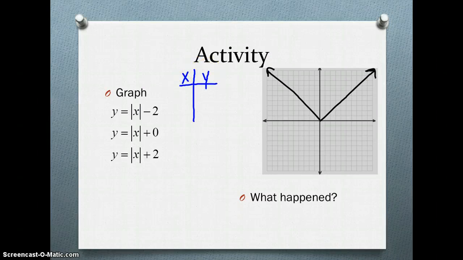So let's just do negative 2, 0, and 2. The absolute value of negative 2 is 2, minus 2 is 0. Absolute value of 0 is 0, minus 2 is negative 2. Absolute value of 2 is 2, minus 2 is 0. So negative 2, 0, 0, negative 2, 2, 0.